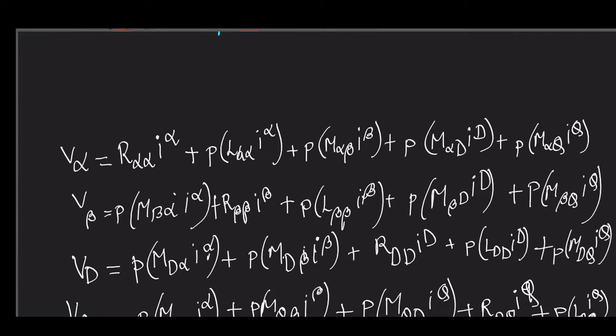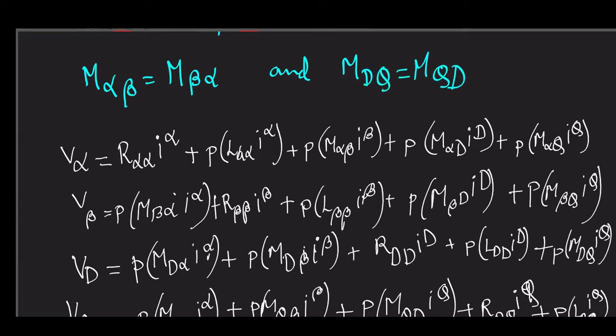If it is symmetrical, then what we can further assume is that M alpha beta is equal to M beta alpha, and M dq is equal to M qd. However, what is their position in space and what does it imply?